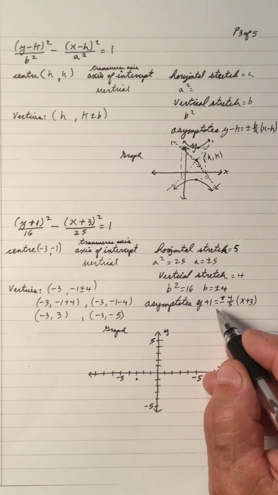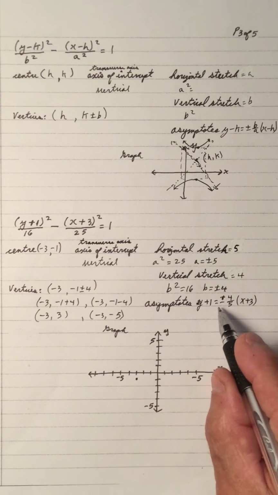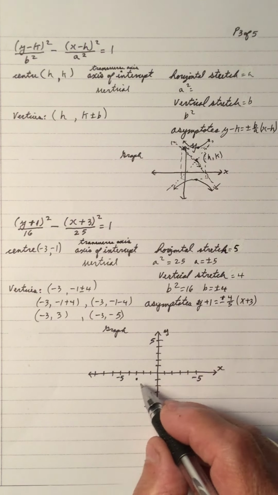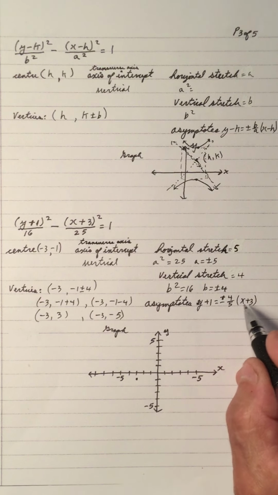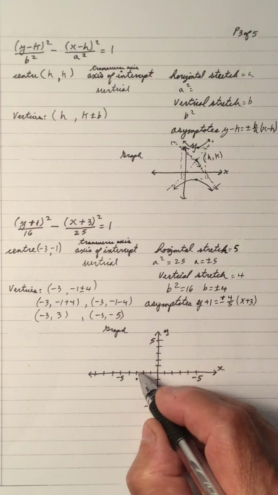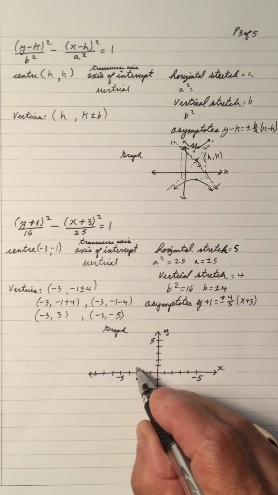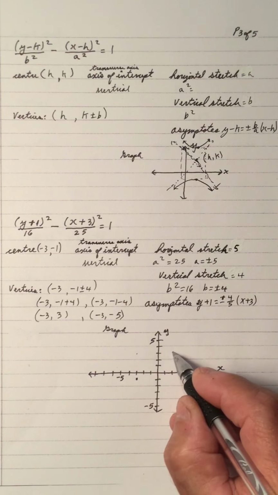There are the asymptotes, so we'll plot the center, which we already did. And the asymptotes are from the center, because the point is negative 3, negative 1, the opposite of these. So we'll rise 4 and run 5. Rise 4, 1, 2, 3, 4, and go right 5, right there.